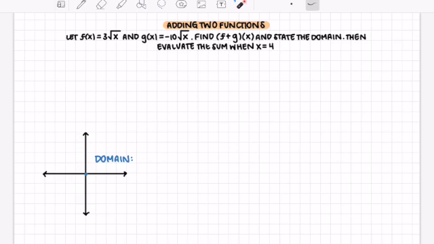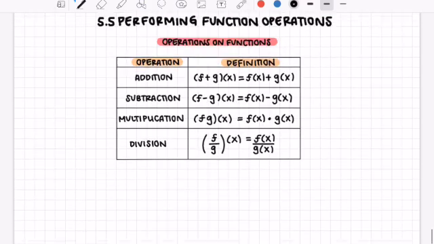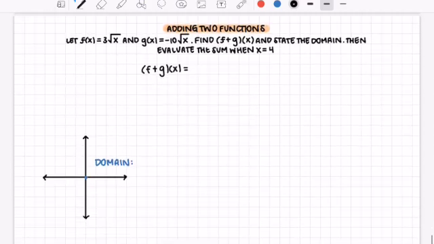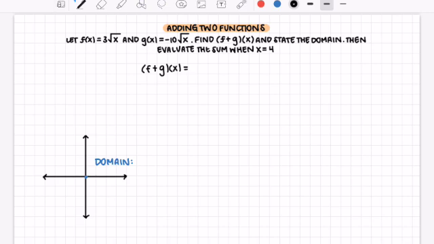So if I'm going to do this, first step that I need to take here is I have my f plus g of x, and the rule is that we can separate them as f of x and g of x. So I'll separate this as f of x adding with g of x.